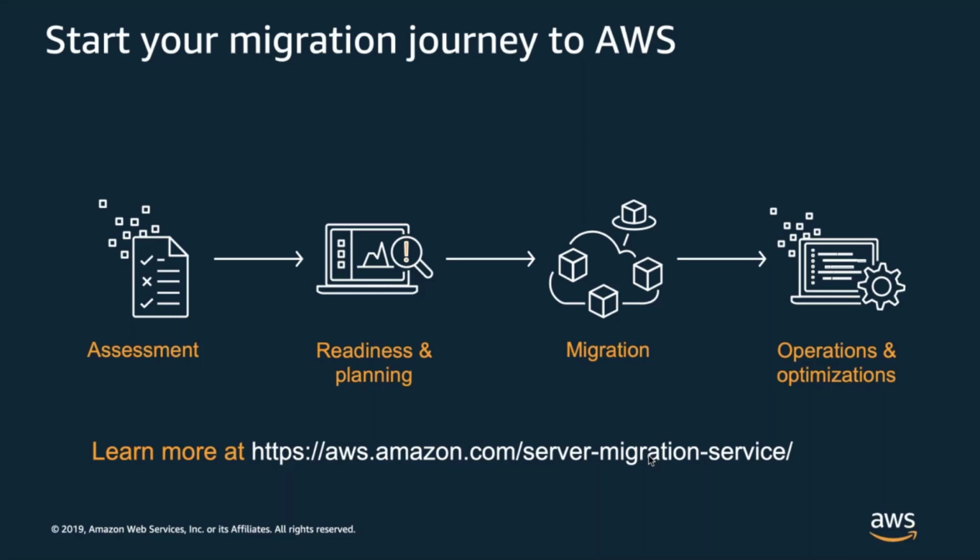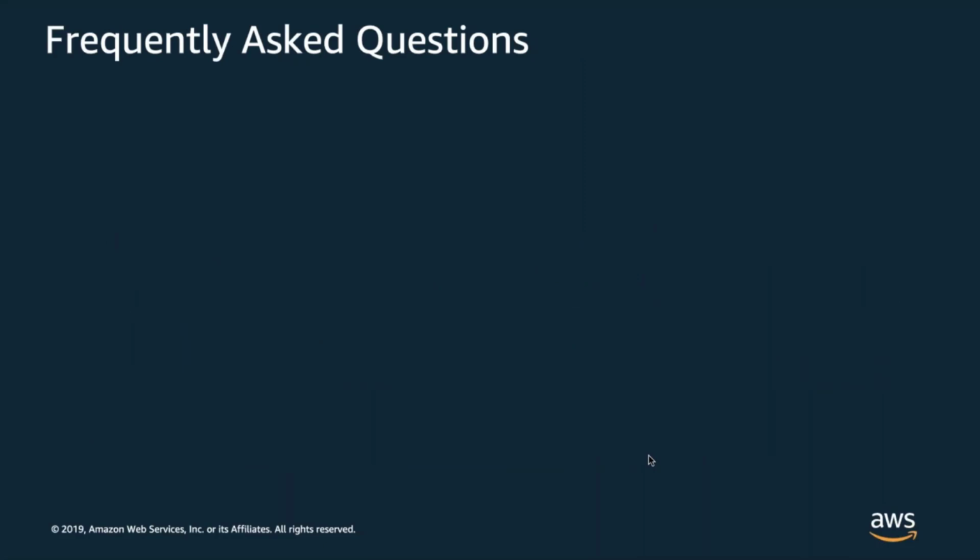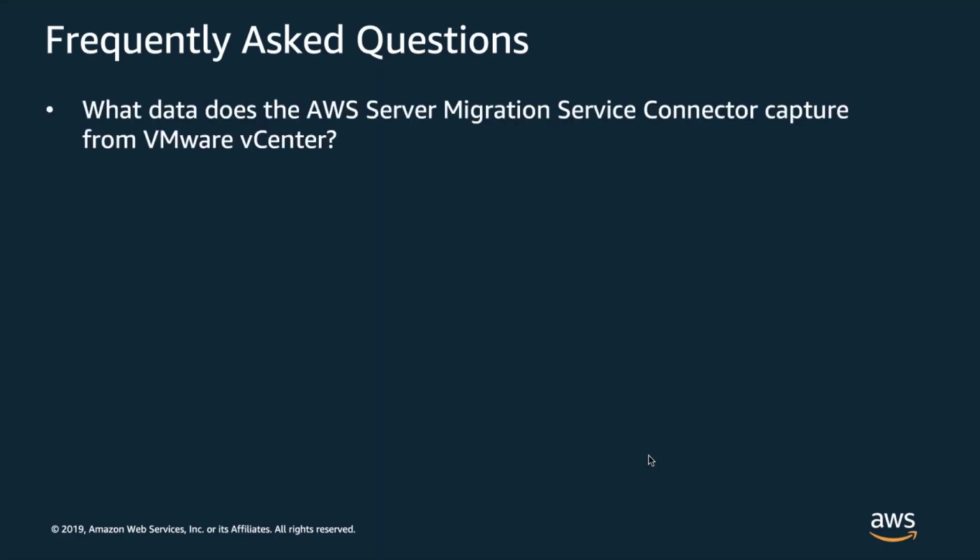Before we end, let me discuss some of the questions that often get asked about AWS Server Migration Service. The first question is, what data does the service connector capture from VMware vCenter? The AWS Server Migration connector captures VM inventory information that helps you replicate those server volumes to AWS.